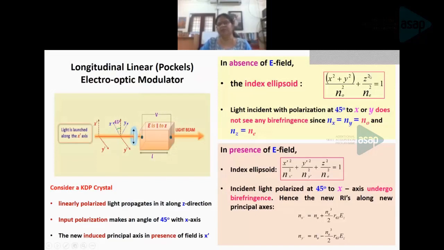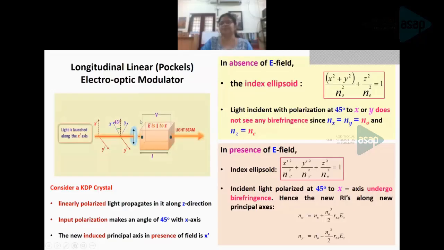Birefringence is there because we are using KDP crystal, which is uniaxial. Okay, and when the field is 0, Nx and Ny are the same, the refractive index, which is equal to N0, that is for ordinary ray, and Nz equal to Ne, this is for extraordinary ray.